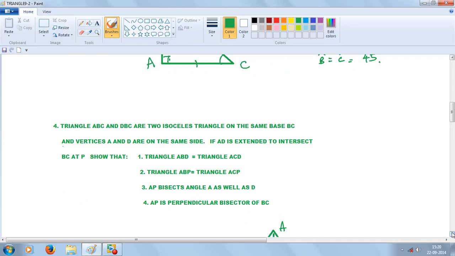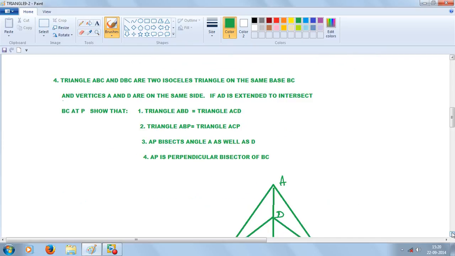So we'll move to the next problem. Triangles ABC and DBC are two isosceles triangles on the same base BC, and vertices A and D are on the same side.